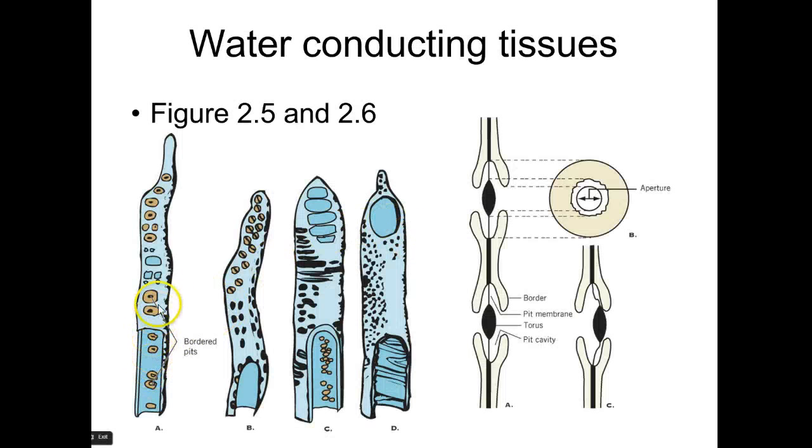So here's a little more detail from the book. This is, by the way, from now on, what the figure numbers will look like. And you see they're going to be pretty complex. They also have this very, very detailed structure where this pit can actually move back and forth.